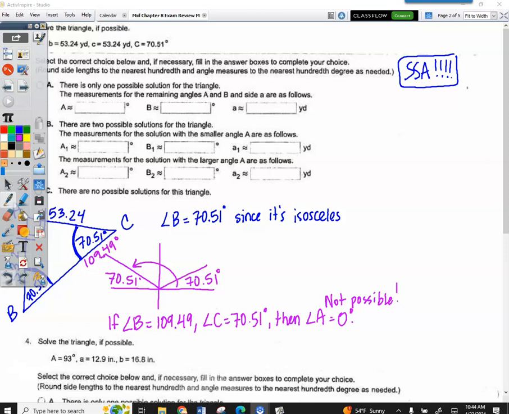I backed up the recording, it'll basically bring it up. Do we need to finish the problem, or can you finish it? You literally find angle. You know angle B. You know, B is 70.51.